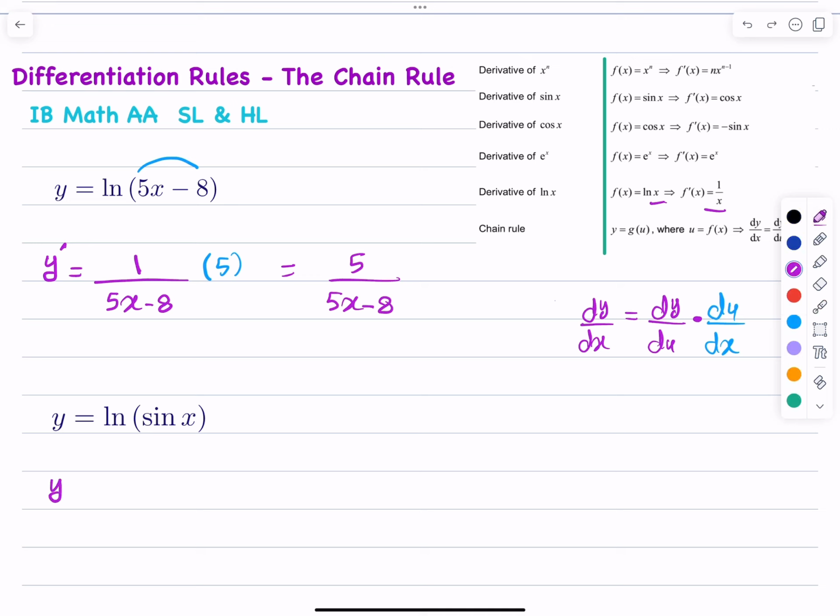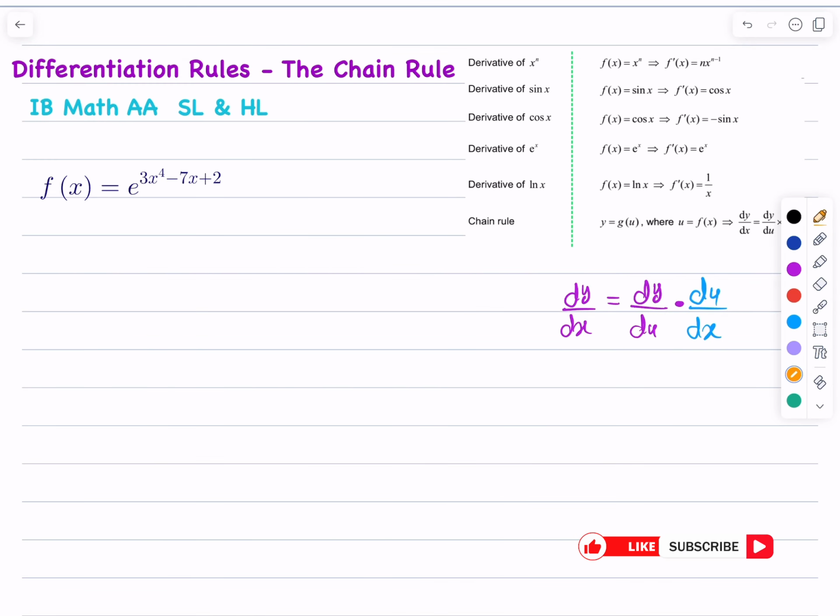So to differentiate this, first we will differentiate the inner function sine x, which becomes cosine. Then we divide by the same inner function sine x. And if you are studying IB Mathematics high level, you would know that cosine x divided by sine x would be cotangent x. So the derivative of ln sine x is cotan x.